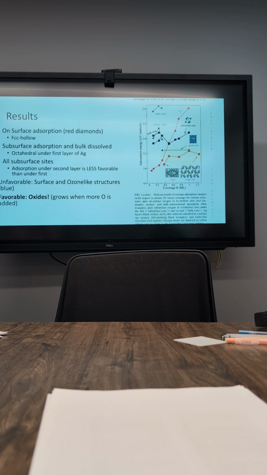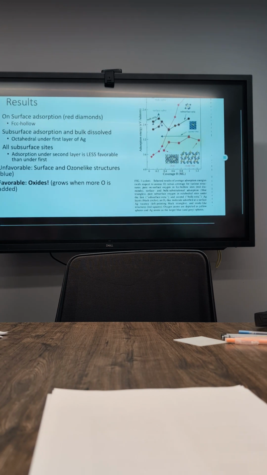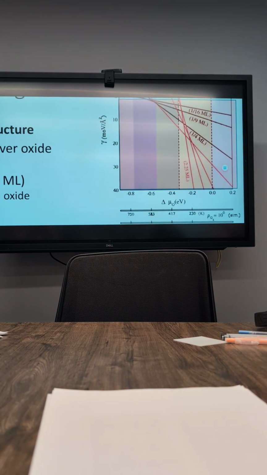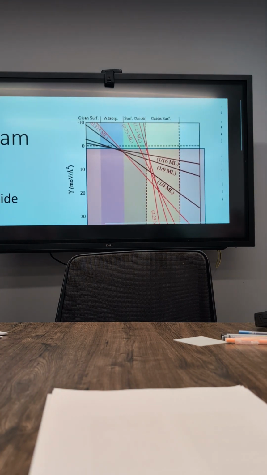So back to that line graph, looking at the 0 line, we're seeing at adsorption, the 4x4 is that red line, the 0.375, and then the line below it is the 1/4.